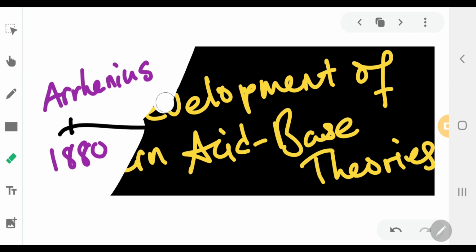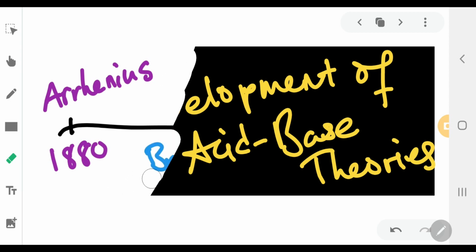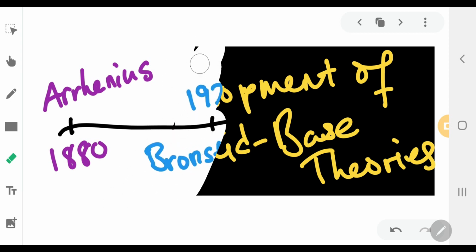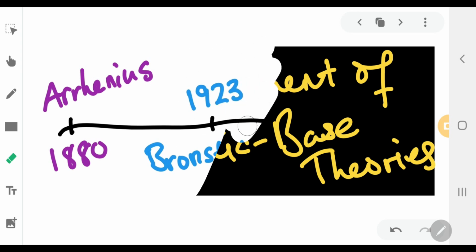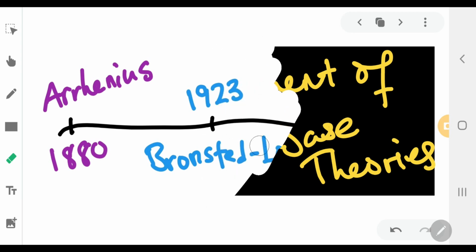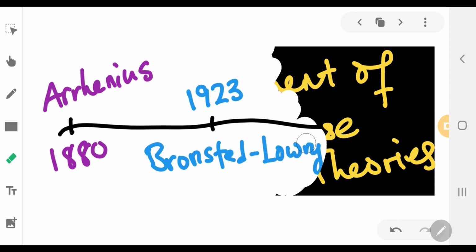And then the idea of acids and bases was further developed by Bronsted-Lowry in 1923, upon realizing that there are a few things in Arrhenius theory that cannot explain some of the basicity and acidity of some species.